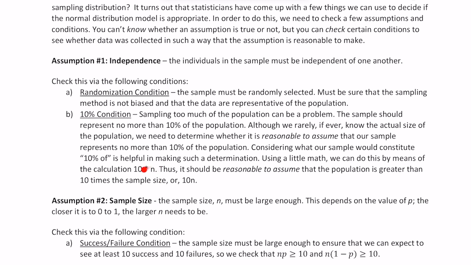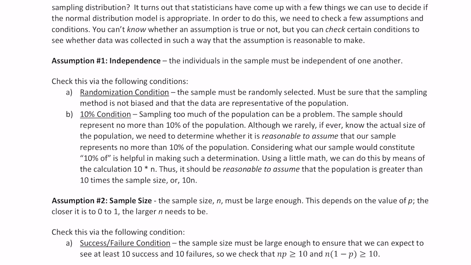So our sample size was 20. 10 times 20 would be 200. Okay, so it would be reasonable for us to assume that the population of all Reese's Pieces is greater than 200 Reese's Pieces, or 10 times the sample size, or you can just think of it as 10n.